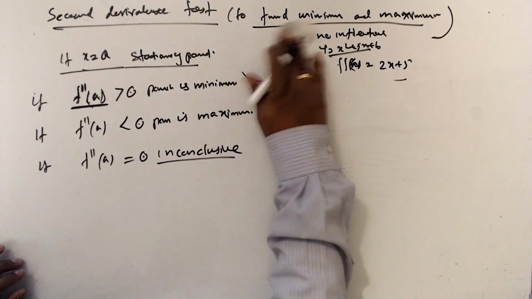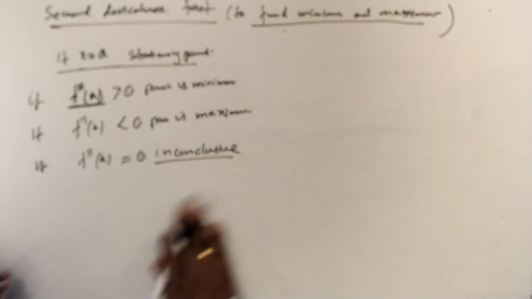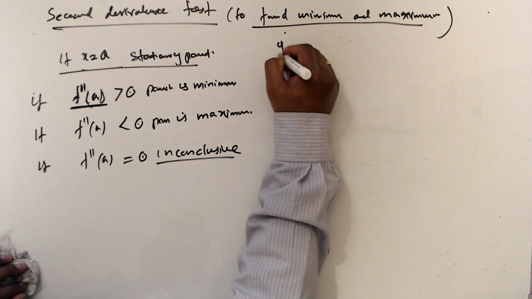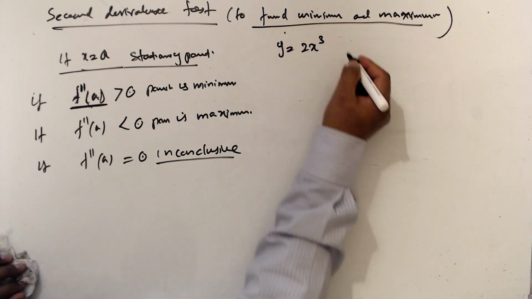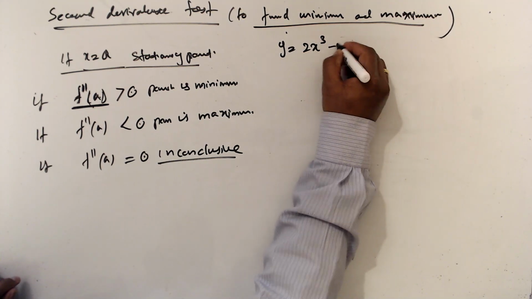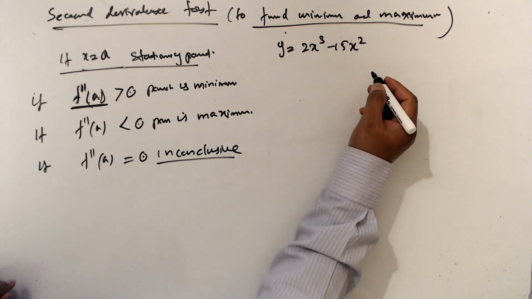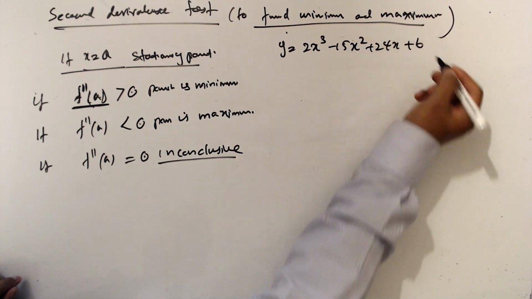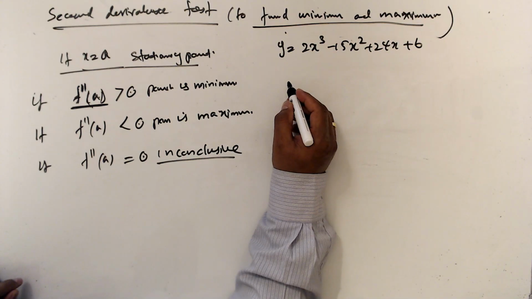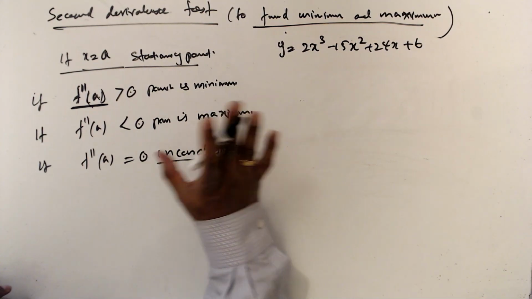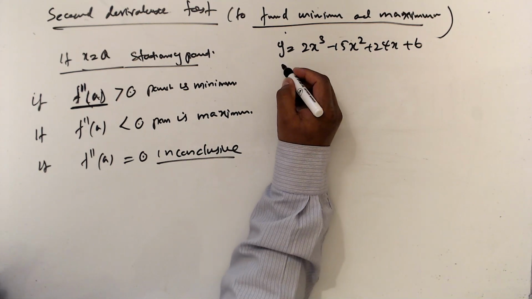Let's consider a different sum. y equals x cubed minus 15x squared plus 24x plus 6. We want to find the stationary point first. So how do you find a stationary point?